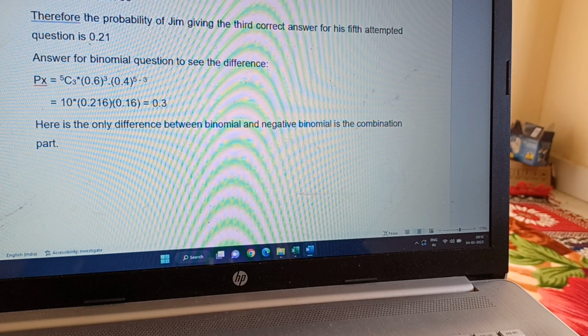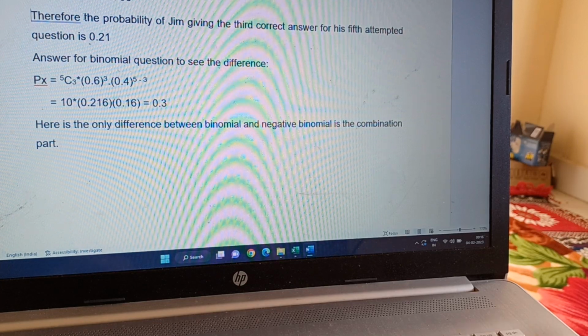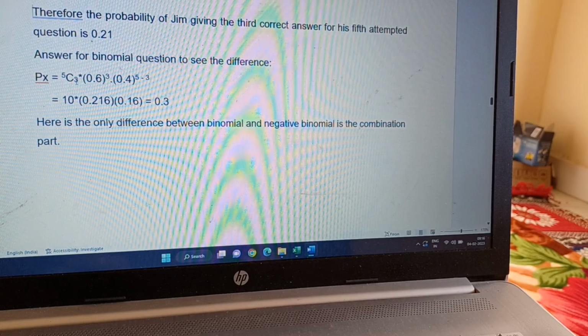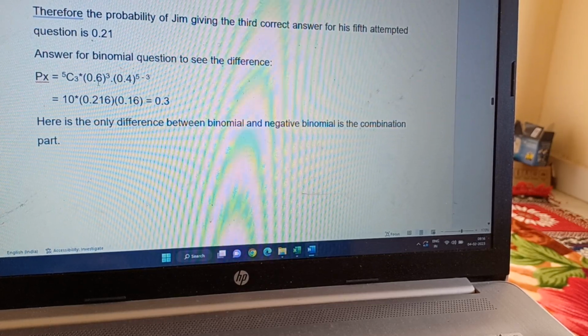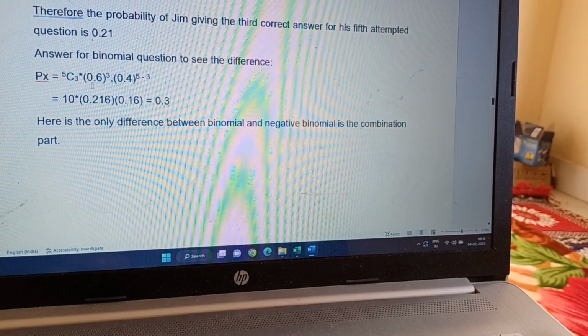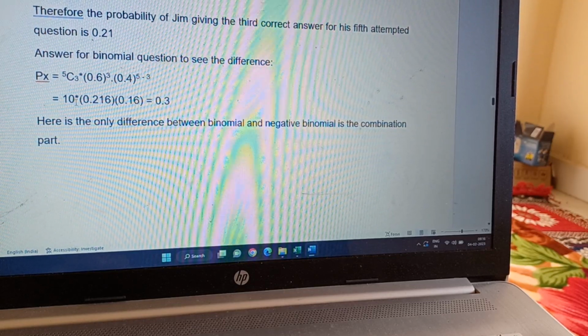But GATE will not do that. GATE may write only 3 correct answers out of 5. So in binomial distribution, we choose 5. We have this answer, no? 5 choose 3, 0.6 to the power 3, 0.4 to the power 5 minus 3. So here 5 choose 3 becomes 10.